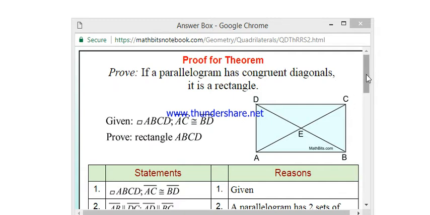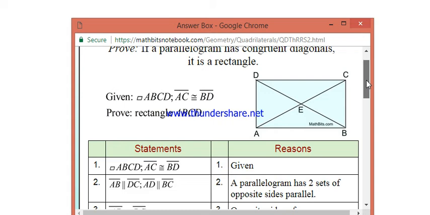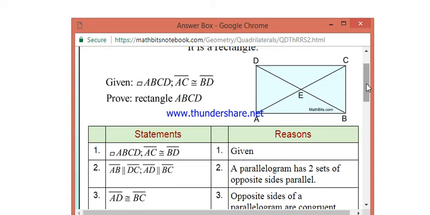Now, we're going to prove statement number 3. If a parallelogram has congruent diagonals, then it is a rectangle. Given parallelogram ABCD and diagonal AC is congruent to diagonal BD, prove that ABCD is a rectangle.